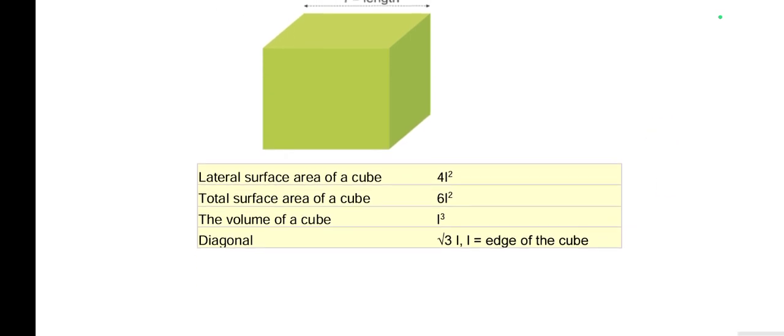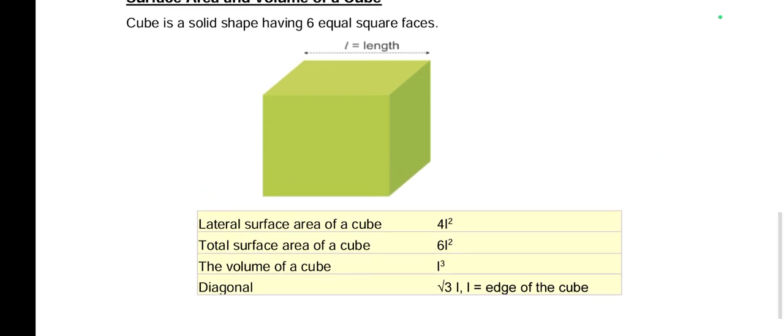Now lateral means we have to exclude the top and base surfaces from the cube. The remaining 4 walls are called the lateral surface area. Every face is in the form of a square, so if the length is L, the area of each face is L square.